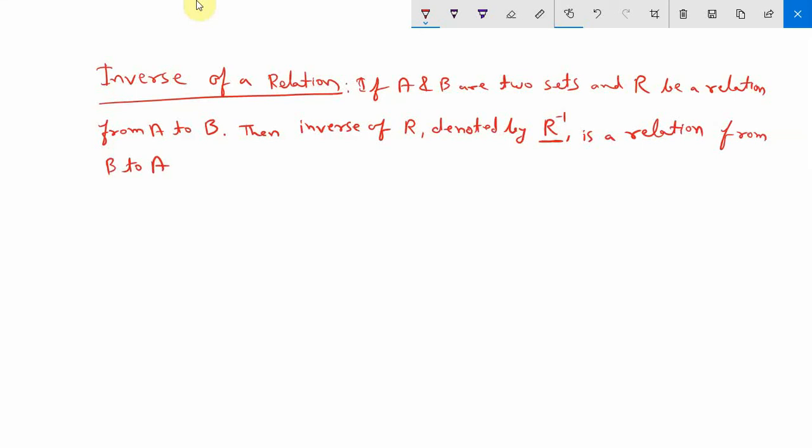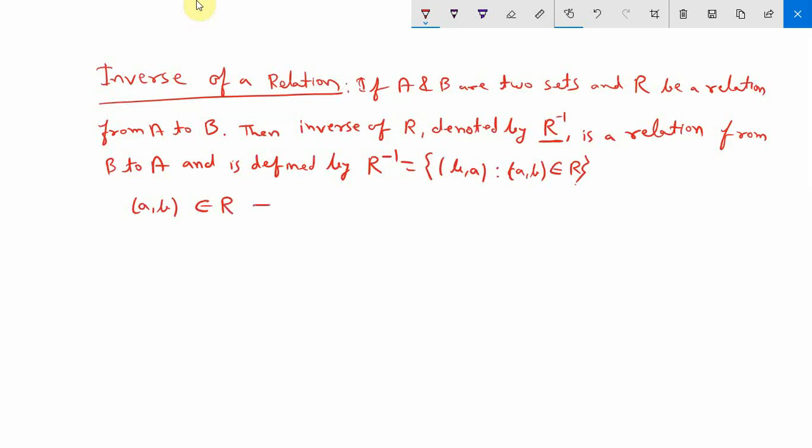Okay, and it is defined by R inverse equal to the set of ordered pairs (b, a) such that (a, b) is an element of R. So in this we can clearly see (a, b) is an element of R, and if we reverse the ordered pair from (a, b) to (b, a), it will be an element of R inverse.